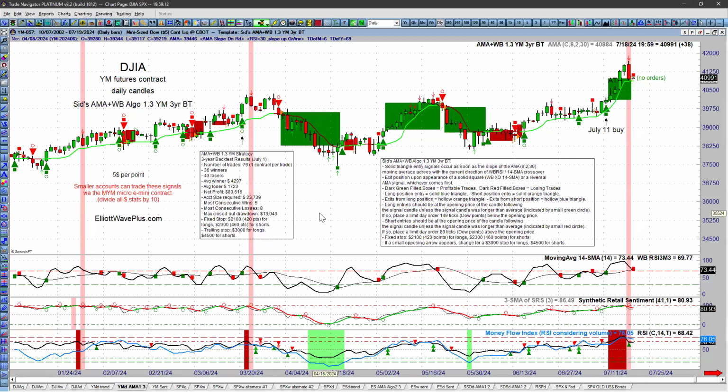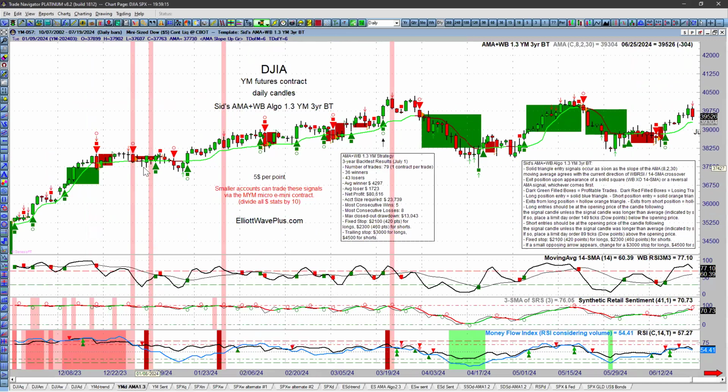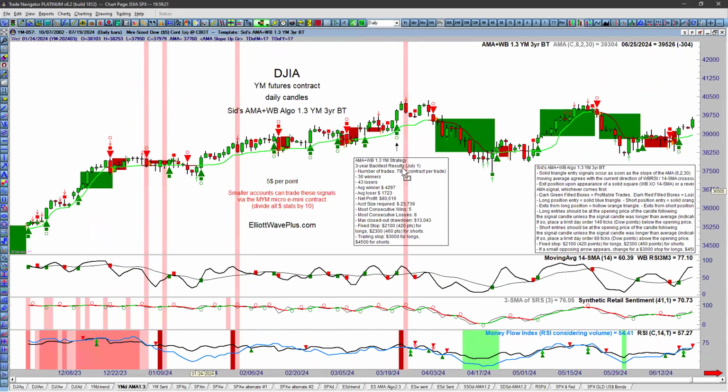Notice that even the Dow had a hard time from January through March making any money because of the constant dips that were happening.